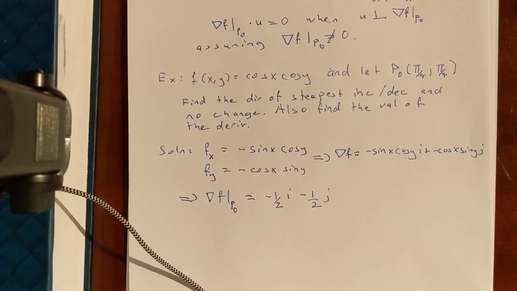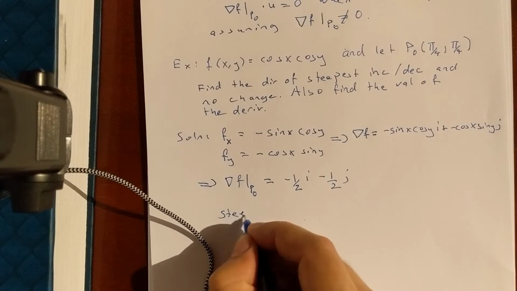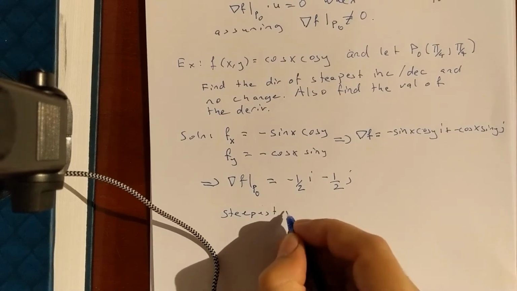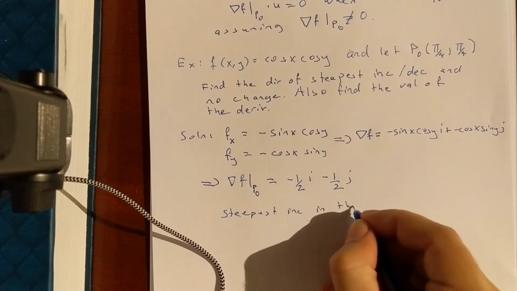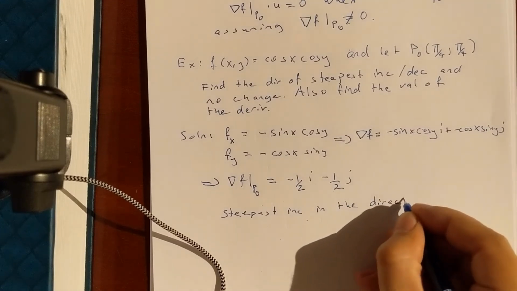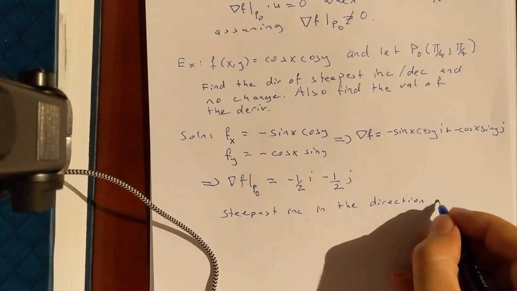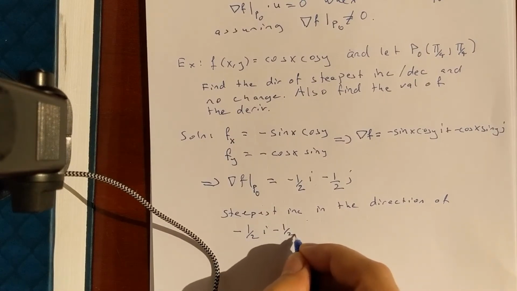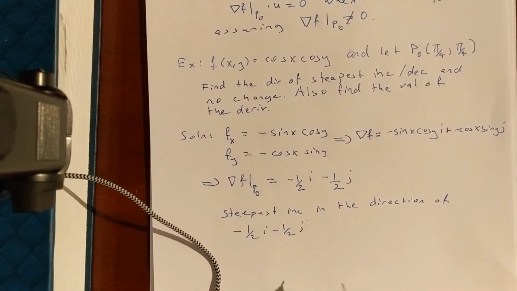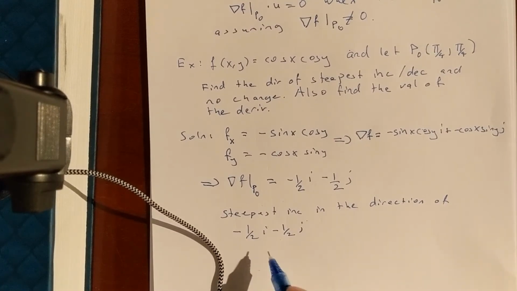Now we want to find the steepest increase in the direction of minus 1 over 2 i minus 1 over 2 j. But remember, when we say the direction, it's a vector that has length 1.